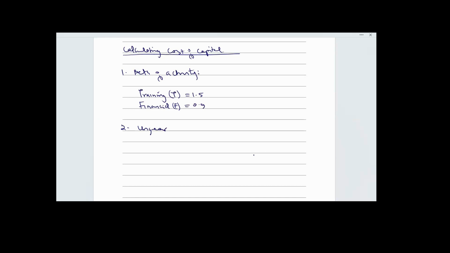In fact, from step 1 up to step 4, our focus is on each of the activities, not on the company as a whole. Therefore, I want to know if the beta of training of 1.5 and beta of financial services of 0.9 are geared. If in the question I'm given debt for training and debt for financial service, it means that the 1.5 and 0.9 are geared. So I will go back to the question.